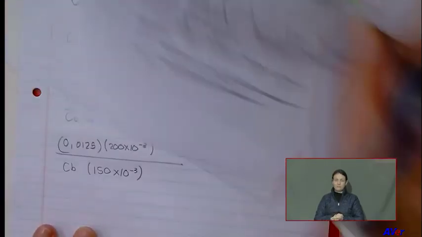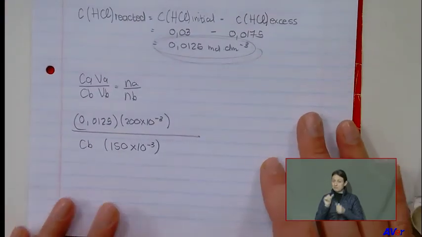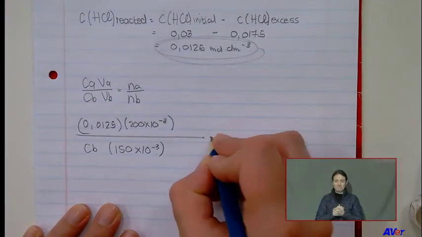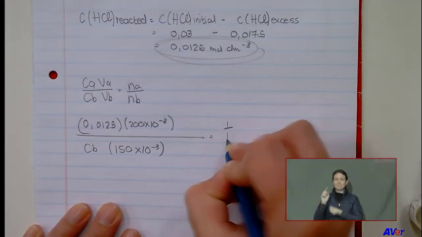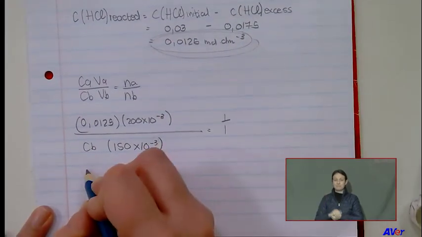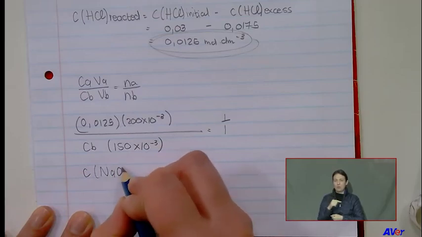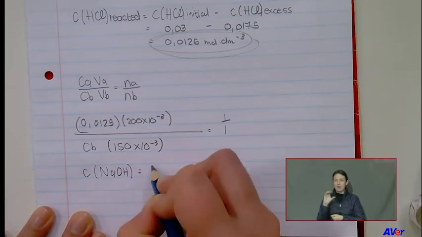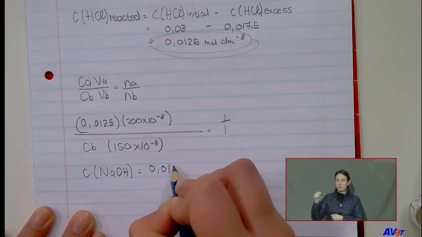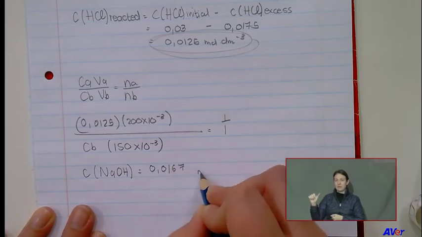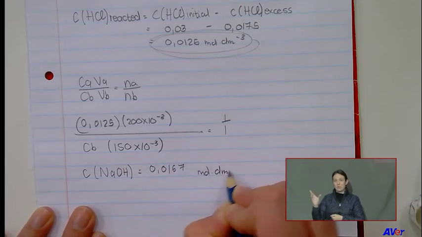Sorry. Better. There we go. And this is going to be a 1-to-1. And then I see that the concentration of the sodium hydroxide was 0.0167 moles per decimeters cubed.